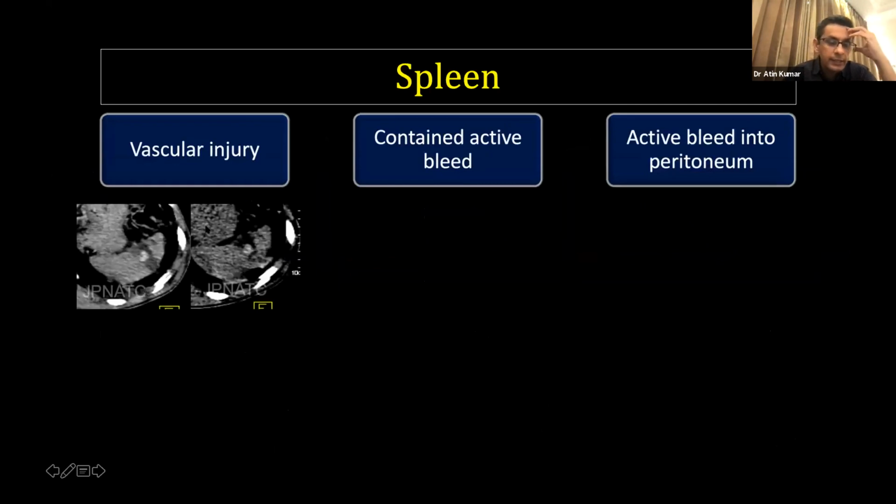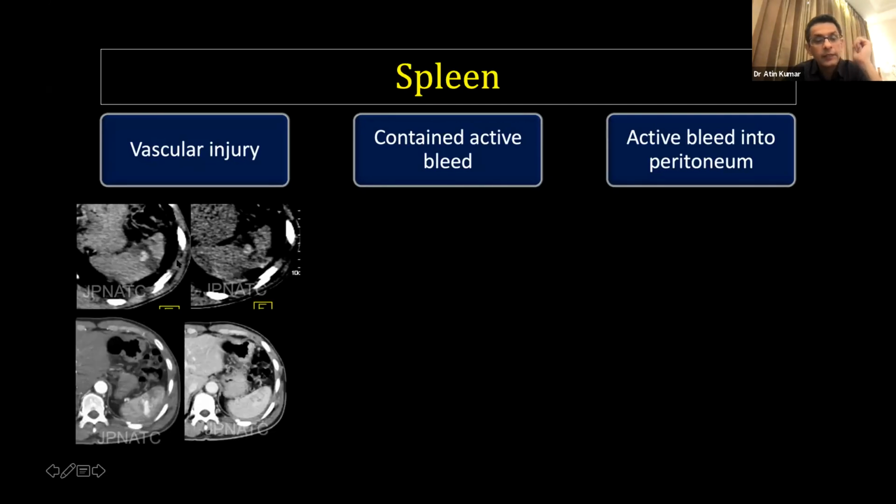In the vascular injuries, I've shown you examples. If you see a pseudoaneurysm, this is usually classified as grade 4 in the new AAST OIS. This is also a pseudoaneurysm. I'm showing you this example to tell you that, especially in the spleen, sometimes you can see a pseudoaneurysm or a pulp injury only in the arterial phase, but in the venous phase, you may not pick it up.